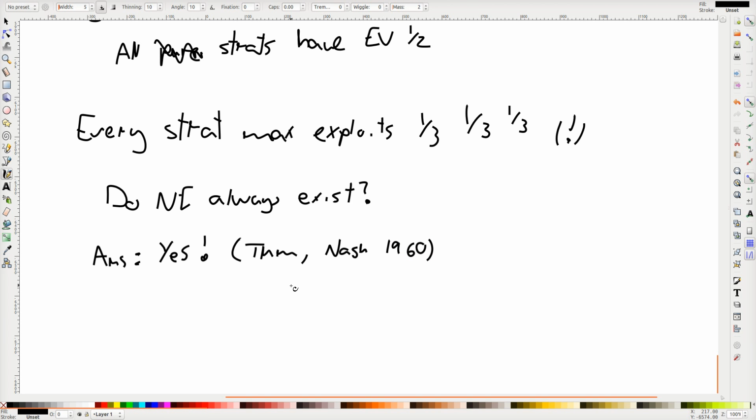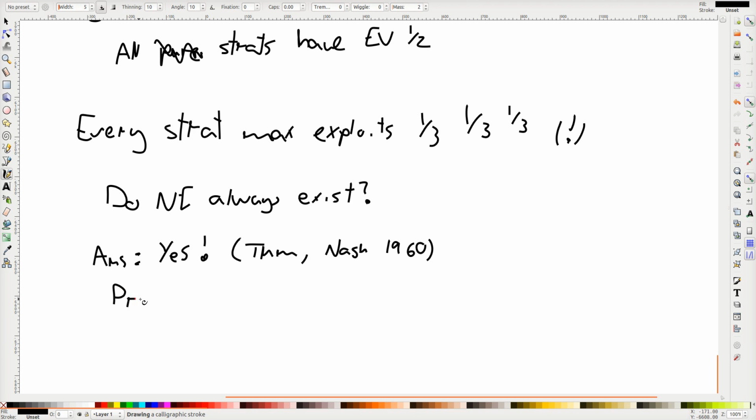There was a special case of this theorem that was actually proved before Nash by von Neumann. And in fact, that case would be sufficient for a lot of our applications, but the full theorem is due to Nash in 1960, and that's the celebrated one.